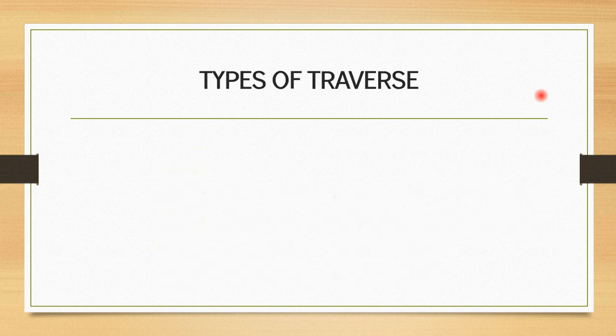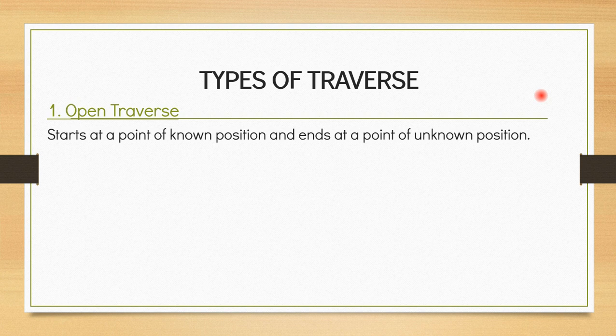Types of traverse. Normally, based on the function for which you are conducting the traverse, you can also devise the type of traverse that you use. In fact, we have two main types of traverse.